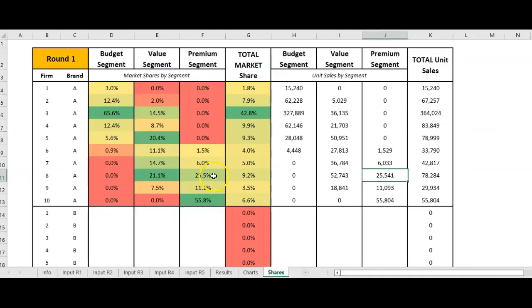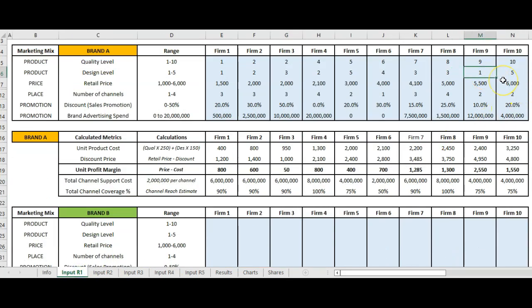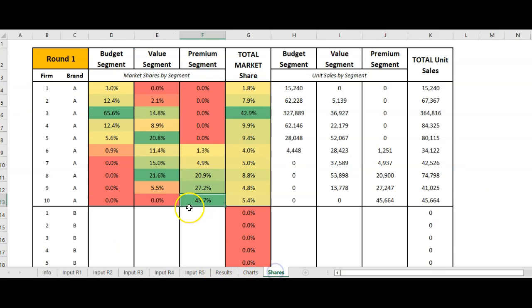So you can see 10's doing very well. If I come back over here and make this design a bit higher, obviously it's going to cut our margin. But let's now have a look at what happens to the share. So you can see they've jumped up because they are now far more suitable, and Team 8 is becoming more of a value segment brand. So keep that in mind.